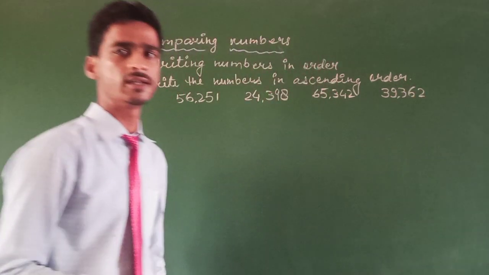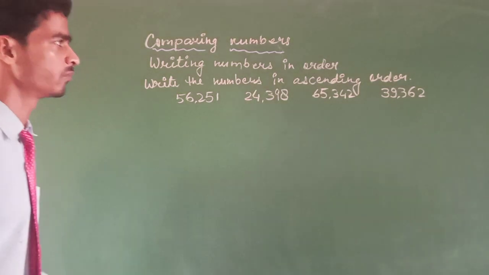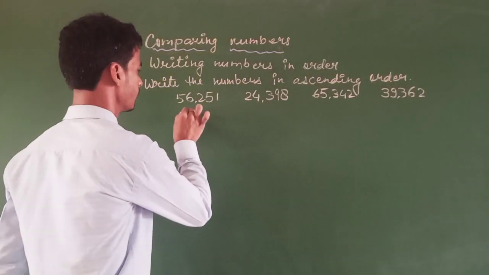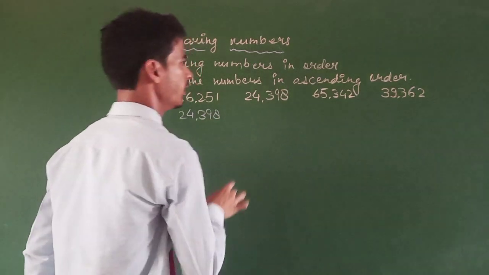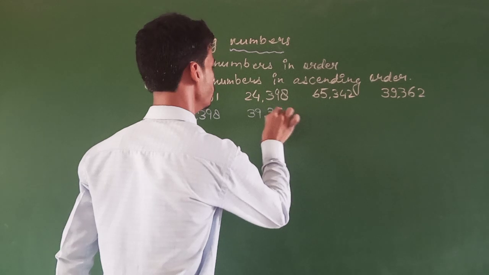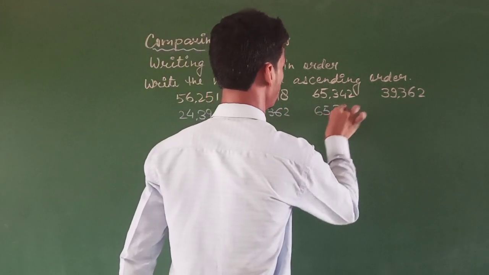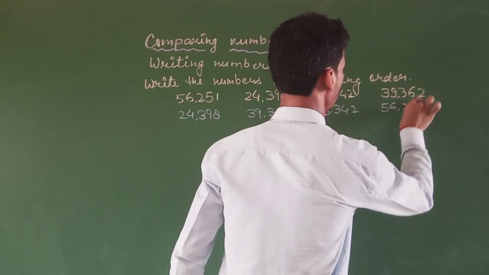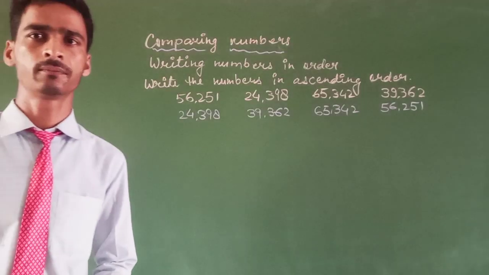We have to arrange these numbers in ascending order. So firstly we write the smallest and after that the greatest. The smallest number is 24,398, and after that 39,362, and after that 65,342, and 56,251.